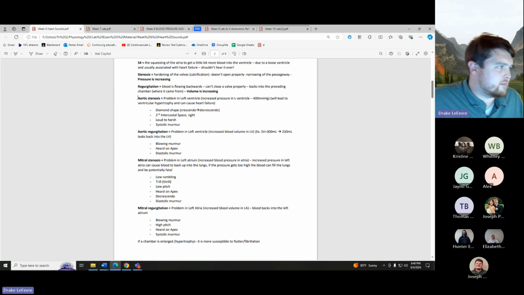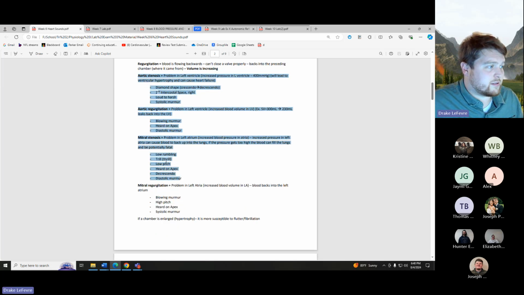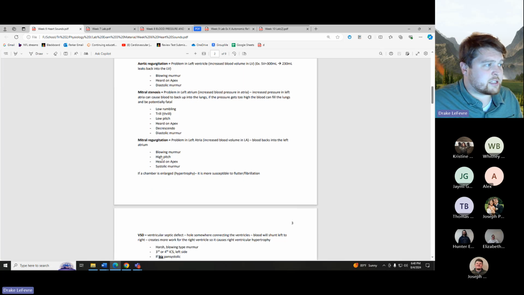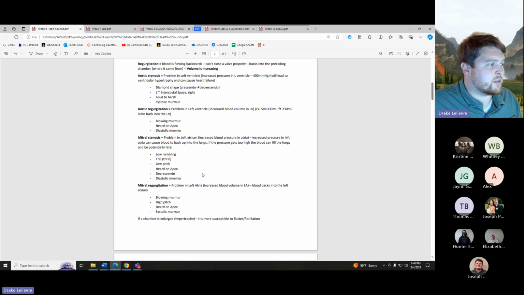If you're able to tonight, or if everybody as a group wants to do this, make flashcards with these specific characteristics, because this is how they'll describe each of them. So regurgitation, and you can make links between these. Regurgitation, it's a blowing type murmur.